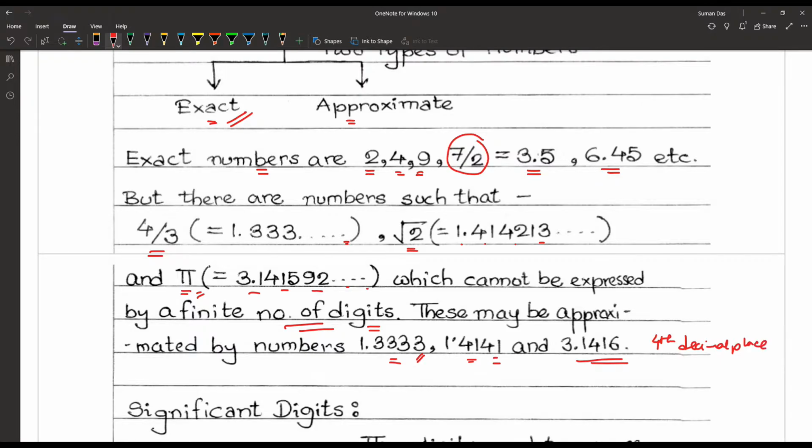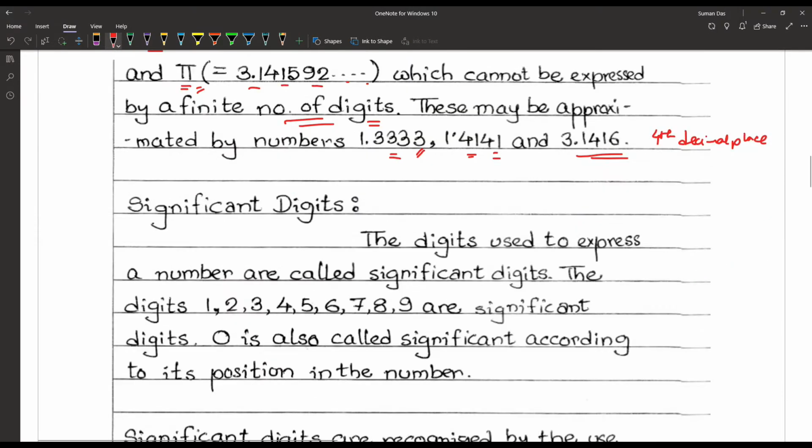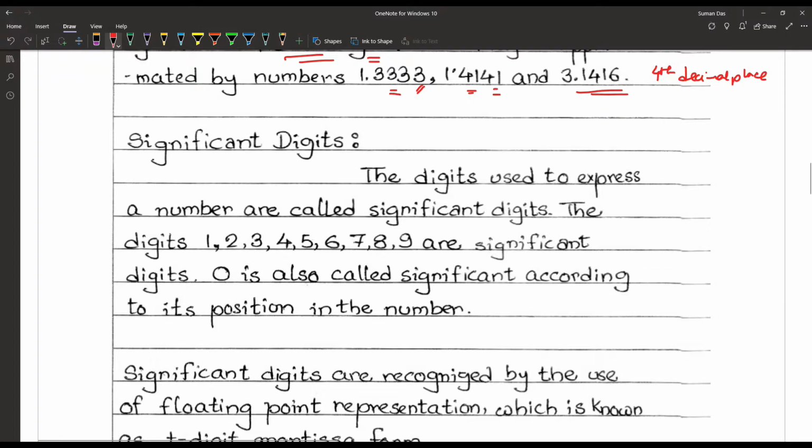Okay. So next, the most important term is known as the significant digits. The digits used to express a number are called the significant digits. Once again, the digits used to express a number are called significant digits.